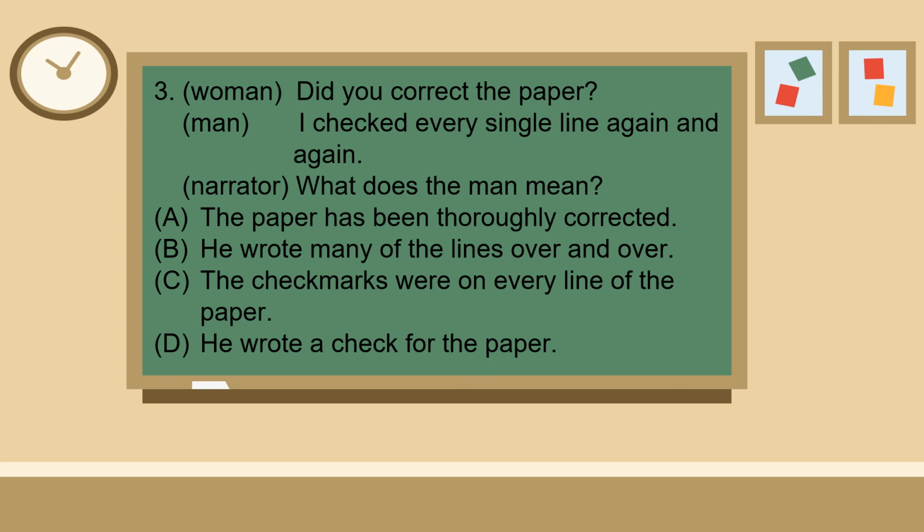Correct, right? The form is passive and it refers to the second line. B is wrong, C is wrong, and D is wrong. Okay, I think is it clear for you? It's clear for you, yeah?